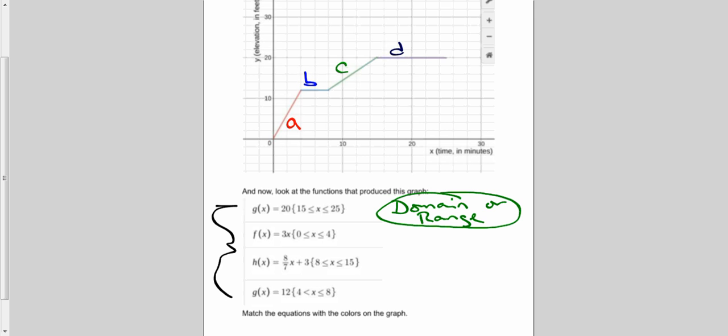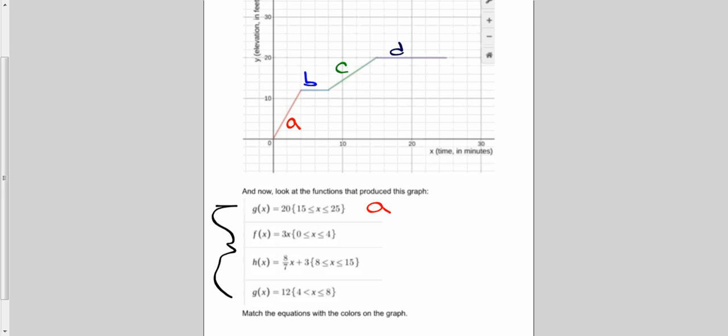And then next, I want you to label each one of these equations A, B, C, or D, okay? And I'll be checking this tomorrow in class. If you think g of x equals 20, over the interval 15 is less than or equal to x, which is less than or equal to 25, if you think that's the red letter A, then I want you to put an A there, okay?